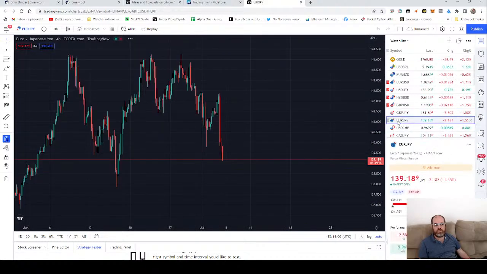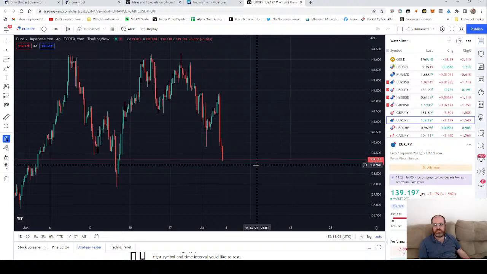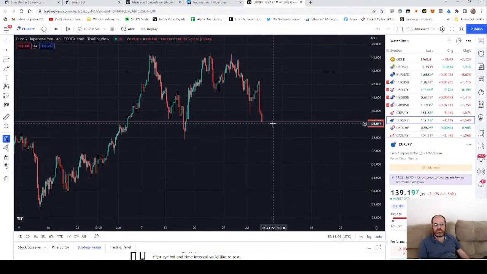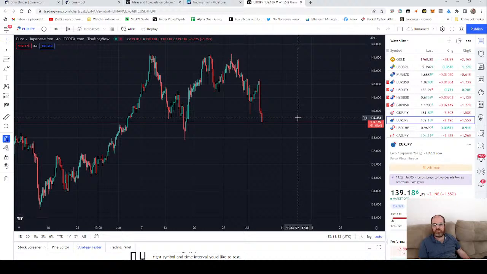I guess EURJPY looks the same, and it does. Here also is more the same story. Even with euro against Japanese yen, it looks like we have already broken to the downside. So here we might rather look for a trade another way.